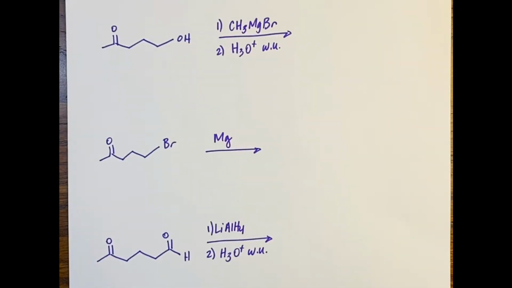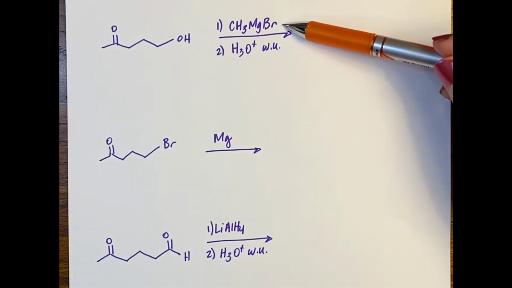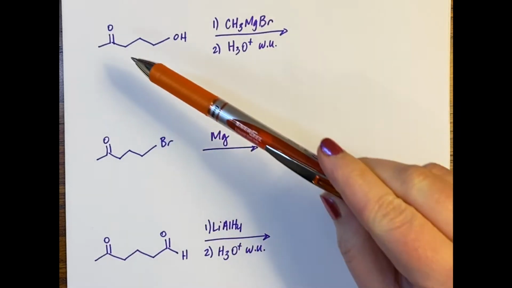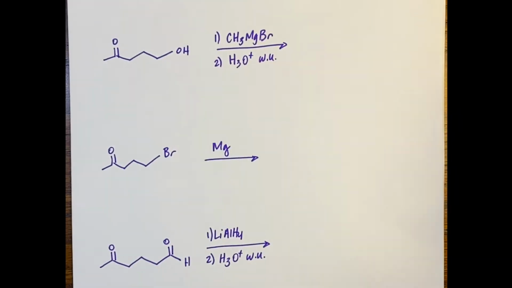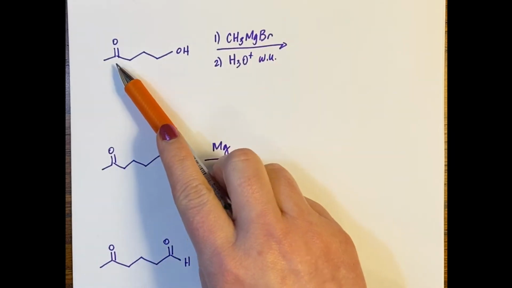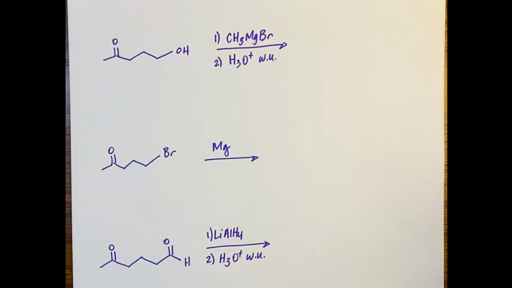In the case of the first one here, we have a Grignard reagent, which is a strong base and a strong nucleophile. It's going to undergo a reaction in a molecule that has a ketone and an alcohol. We know that Grignard reagents will react with ketones, and so that's the reaction you're probably thinking about.